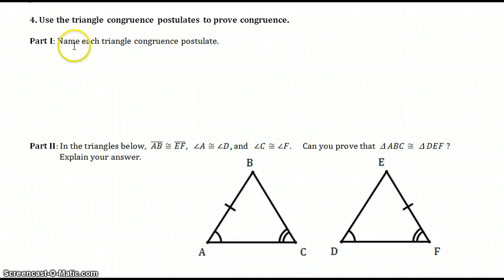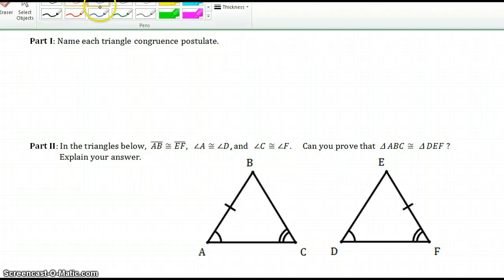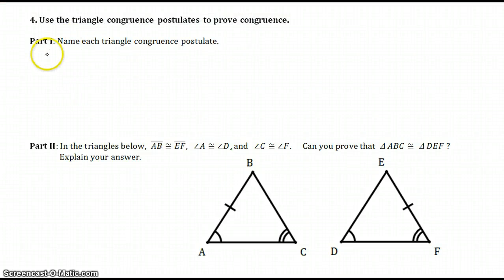Now we've got 4 congruence postulates for triangles. The easiest one is usually if all 3 sides are the same length. So side, side, side. And then we got side, angle, side, where you need 2 sides and the angle between them to be congruent.